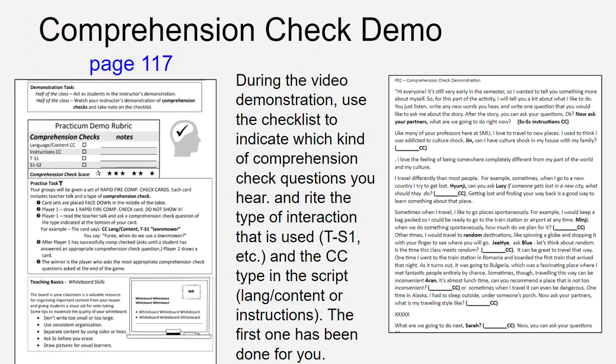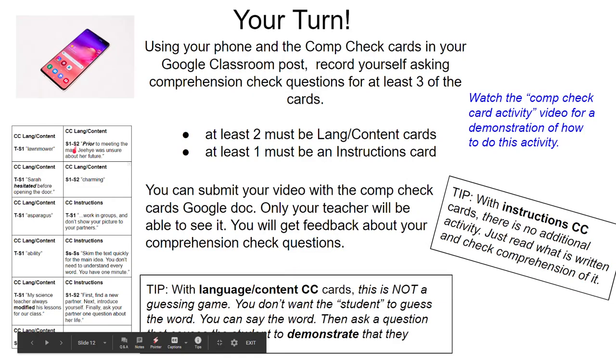You're not making them guess the word, for example, charming or asparagus over here. You're using the word sometimes in the context of a sentence, sometimes on its own. You can create a context for it and then ask them a well-designed question to see if they understand.